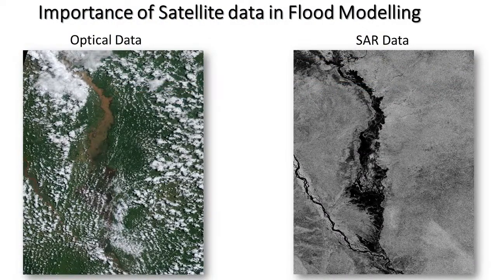Now, we come back to the importance of data. I spoke about radar data, and I said I will explain what radar data is in relation to optical data. On your right, that is optical data. Optical data shows you what you would see with your naked eyes.